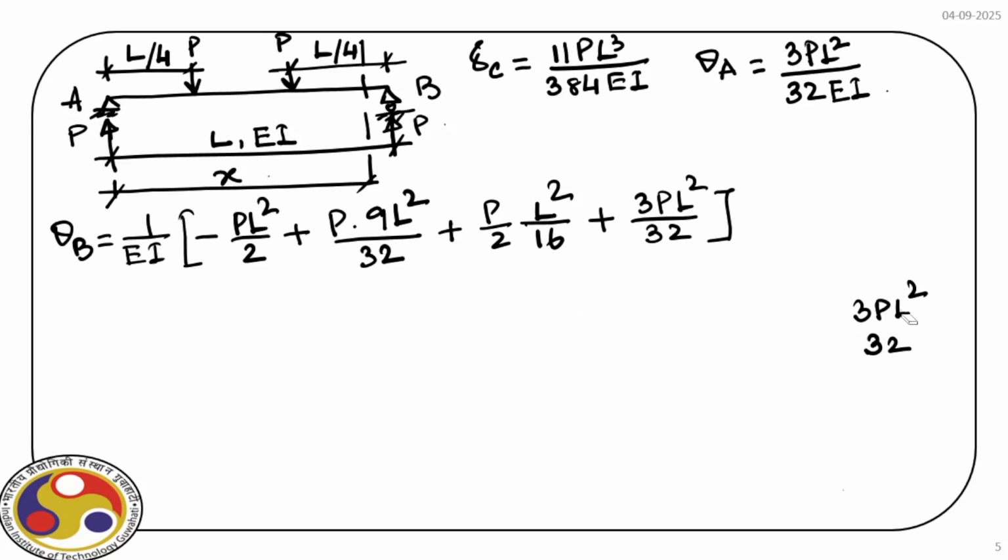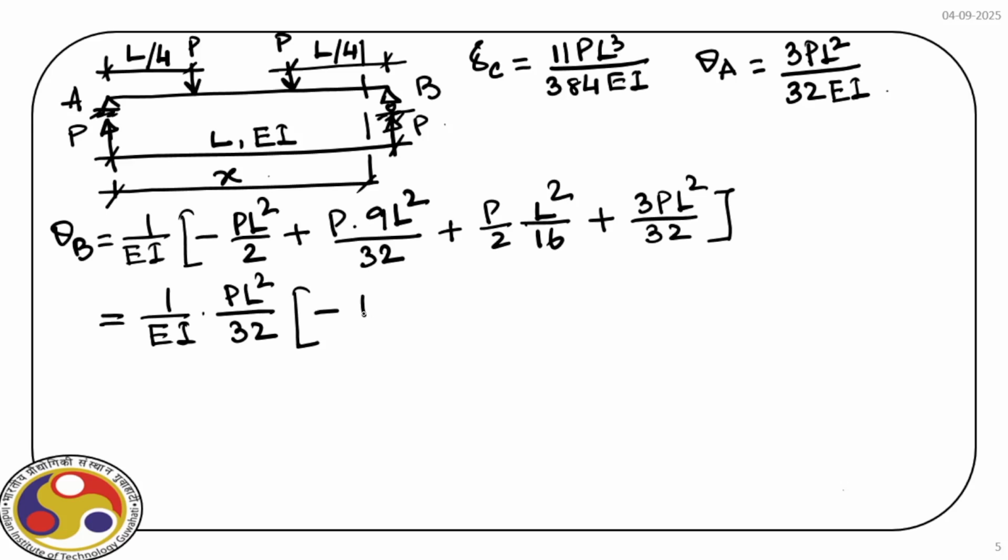Right. So let us see what is the value of theta B. So we have 1 by EI and PL square divided by 32. If we take it outside the bracket, then we have minus 16 plus 9 plus 1 plus 3.